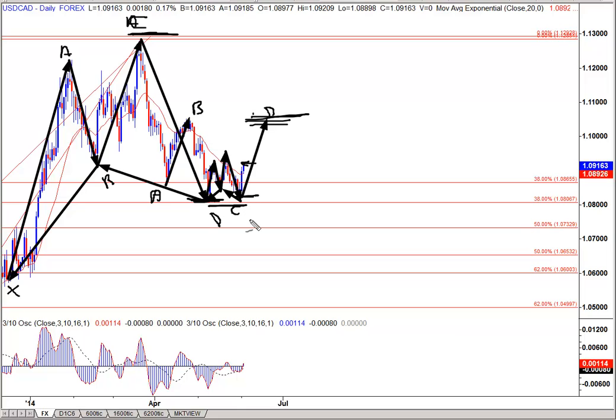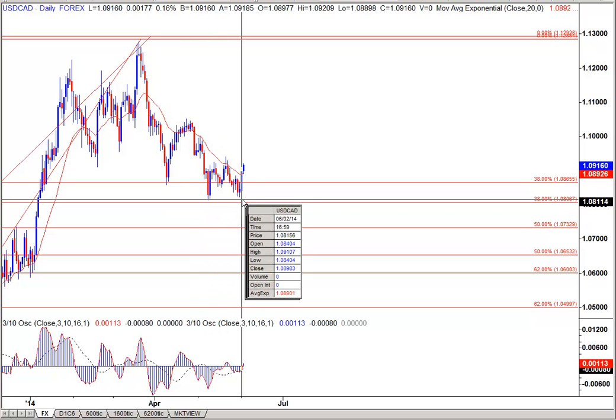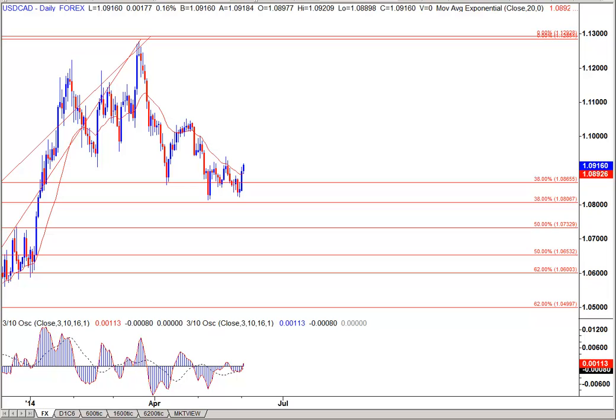If this would have come lower, it would have created a new D. But the fact it held, that's great. All right, so we're always looking for that A to B, C to D relationship. Keep that in mind. So now we have that small harmonic, we have a double bottom, and we have the larger time frame bullish flag that we just discussed.